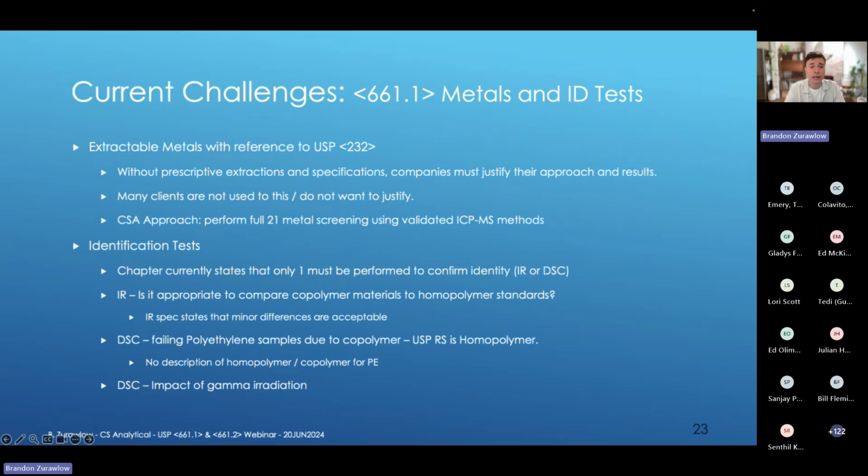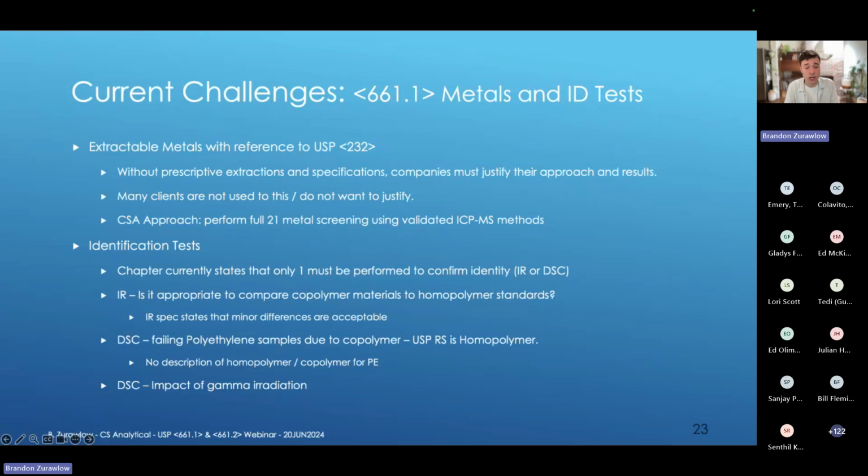And so, again, there's not necessarily a vehicle within 661.1 today, especially for thermal analysis, to say essentially that there are variables that can impact the melt point of a material, and that just because the melt point has changed does not necessarily mean that the identity of that material has changed. It could very well still be polyethylene that happened to undergo gamma irradiation.